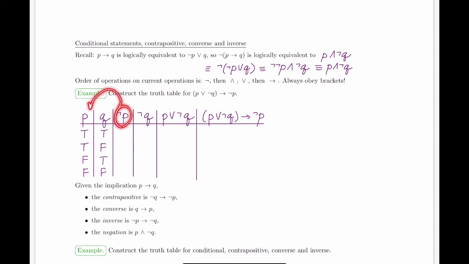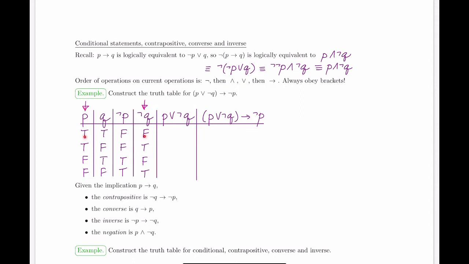Now I'm going to fill in the actual truth table column by column. Not P means I am negating the first column, so I will end up with false, false, true, true. Not Q means I'm negating the Q column, so I will have false, true, false, true. Next column we have P or not Q. So I'm looking at the column for P, and the column for not Q, and I am putting them together with the operation of disjunction, or.